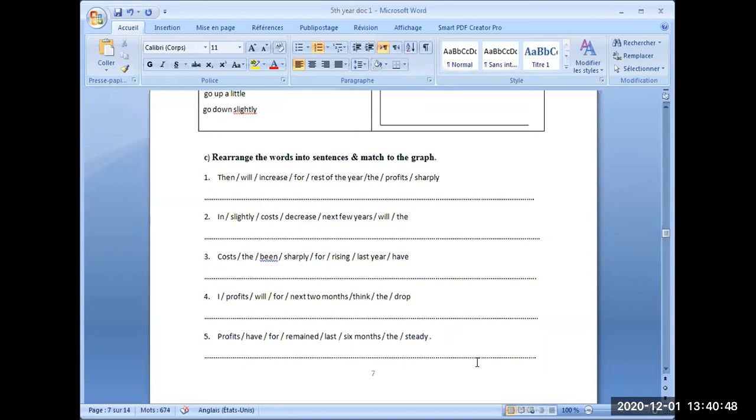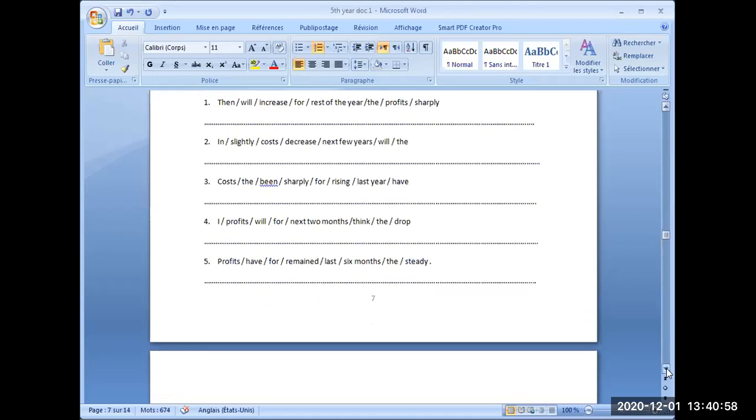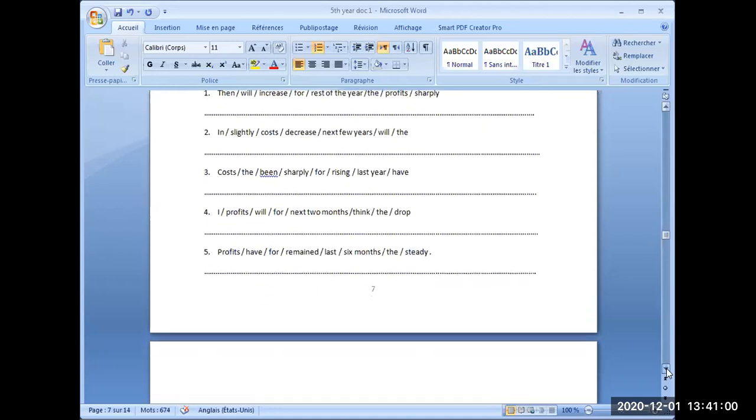Yeah, you're right. Sorry. Profits have remained steady for the last 6 months. Correct. Profits have remained steady for the last 6 months. Good.